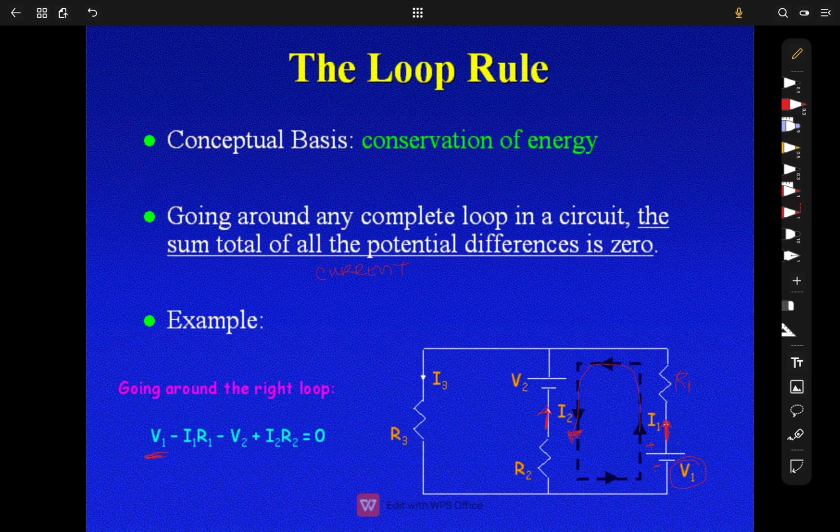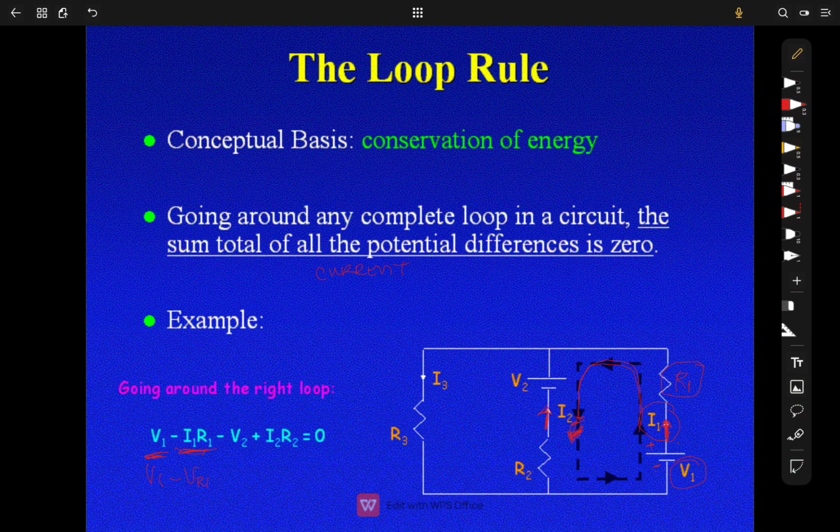Kapag daw po, yung current natin is along sa ating loop, yung magiging sign convention po nila, di ba yung multiply ng R1 natin and I1 is equal sa voltage ng R1. So, mangyayari, ang sign convention po nila is negative. Kaya po meron tayong negative I1 R1 dito. So, parang V1 minus VR1.